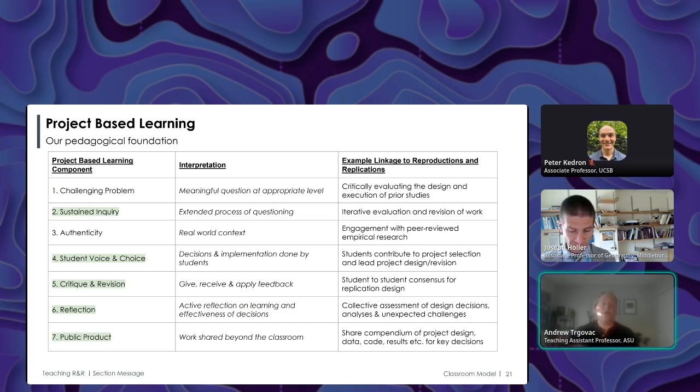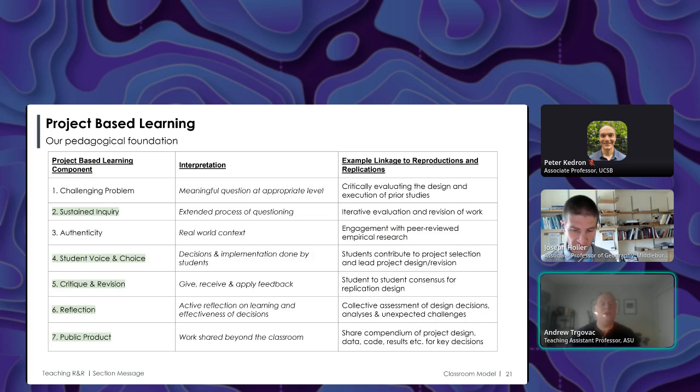Critique and revision, we want to make sure that this is a continual process where there's receiving and giving and then applying feedback, not only from the instructor, but also from the peers. And then with reflection, again, a continuous learning and looking back on the effectiveness of the decisions that are being made. And then the last part, which is often missed, is the work being shared beyond the classroom.